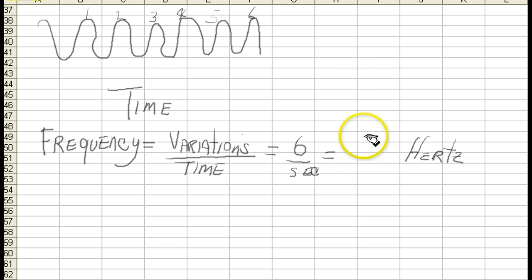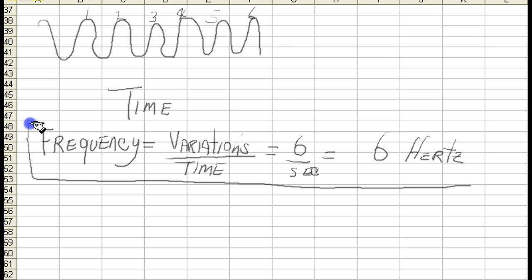So this wave that we drew up here would be 6 Hertz. But remember, this is 6 vibrations every second. All right, now this is important, and this will show up on a test. The important thing to remember is that frequency is by definition variations per second, and the units is hertz.